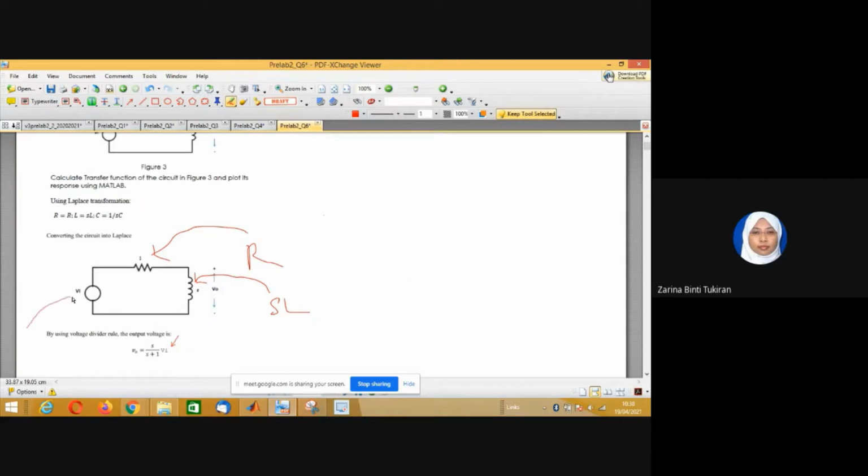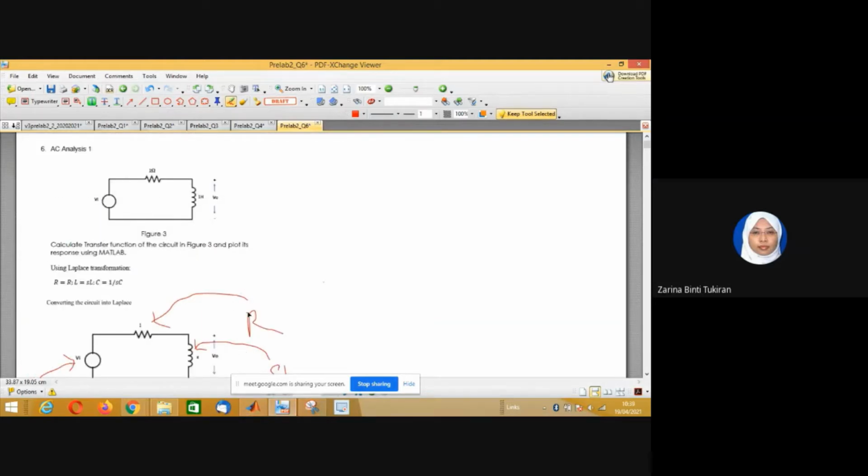So ni adalah VI. So based on this figure, figure 3, oh sorry, this one better I put it here so that, okay, this is R. This is SL.